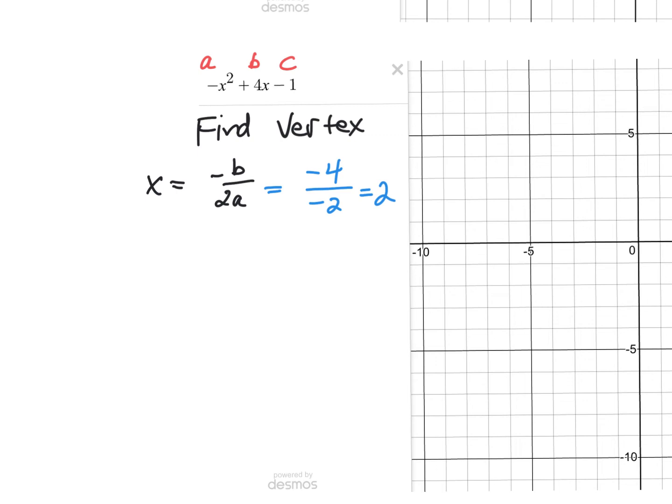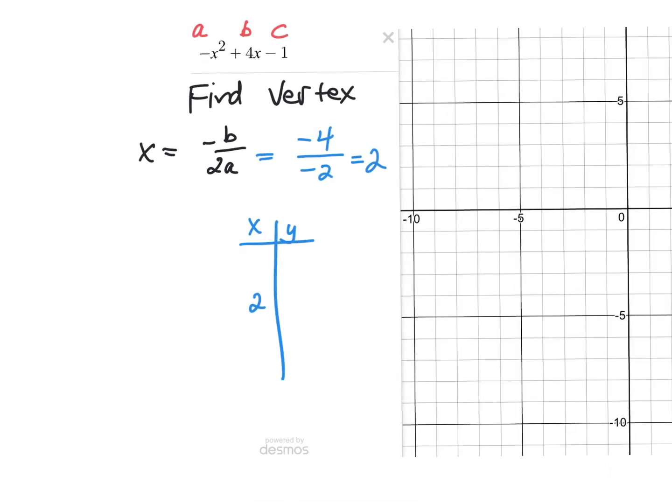And by using this negative b over 2a, I found the x coordinate of my vertex. It's not quite as obvious from my equation, but with this quick formula, I now have the x value that I need.